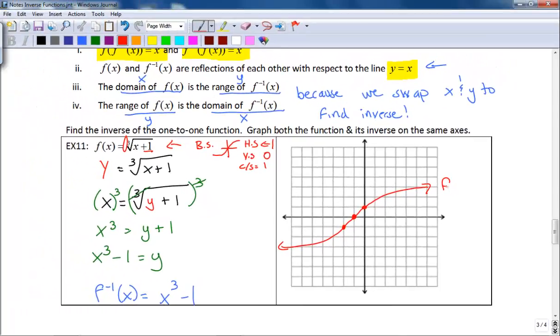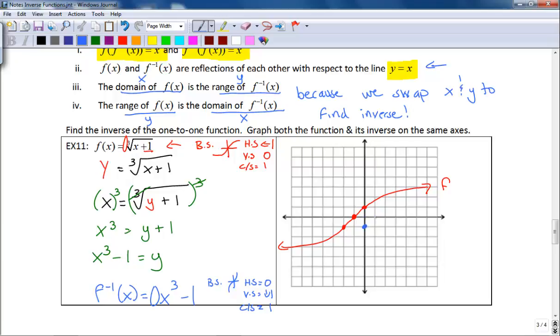Well, let's graph f inverse of x. Remember, its basic shape is the cube function. It does not have a horizontal shift. Its vertical shift is down 1, and its compression stretch, the number out in front, is equal to 1. So my vertical shift of down 1 is here.